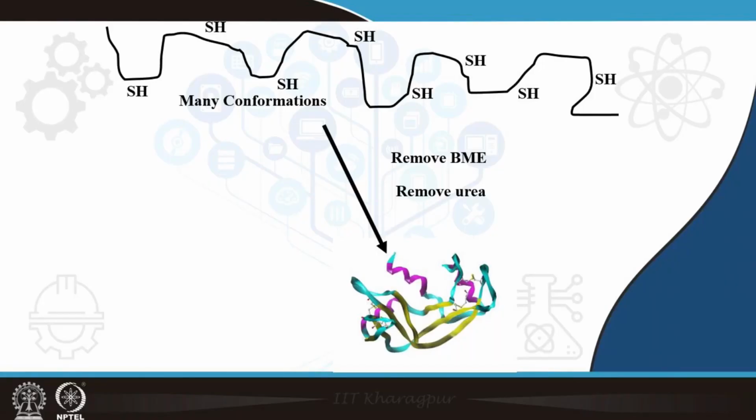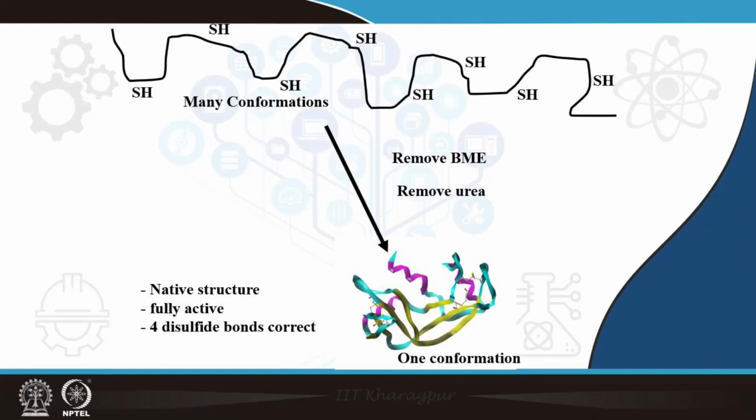So when I had this unfolded structure, it could have essentially folded into any conformation, but that does not happen. It always forms this one conformation, that is the native structure of the fully active protein with the exact 4 disulfide bonds correctly linked with one another.